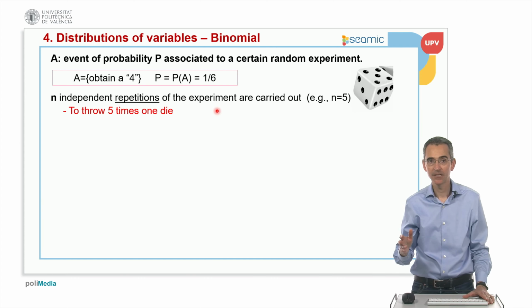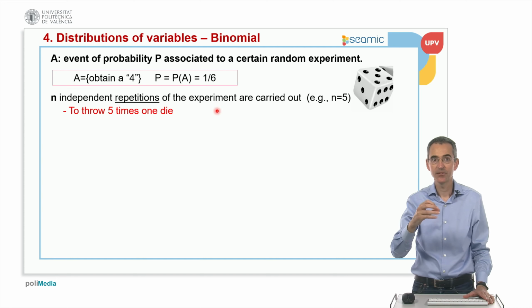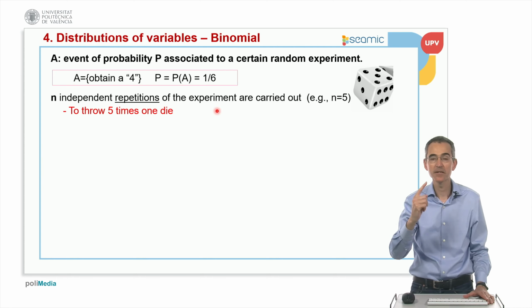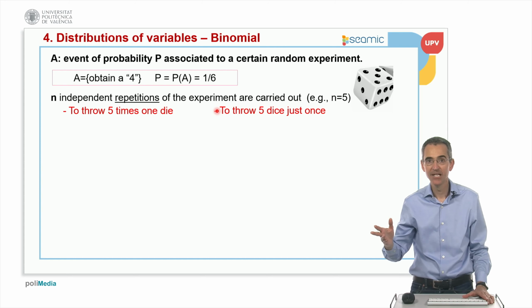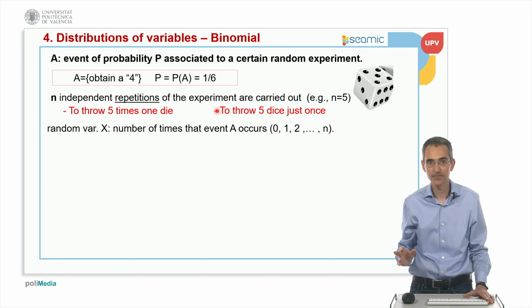There are two different possibilities. We can have a single die that we throw 5 times, or we can have 5 identical dice which we throw at the same time, just once. Both situations are equivalent.